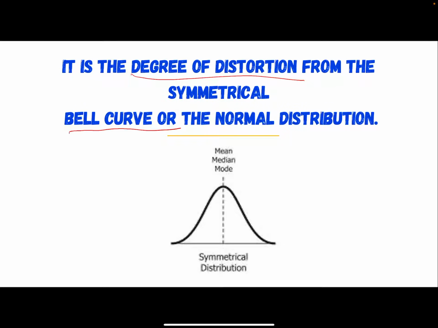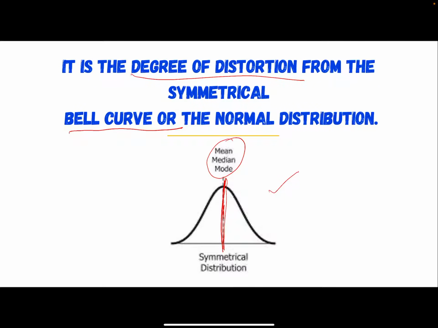So, how do we measure this asymmetry, or how far it is going from symmetry? It is measured using the bell curve or the normal distribution curve, which we can see here. In a symmetrical distribution or the normal distribution curve, the mean, median and mode coincide here. So, I can say that at this line, it is symmetrical.